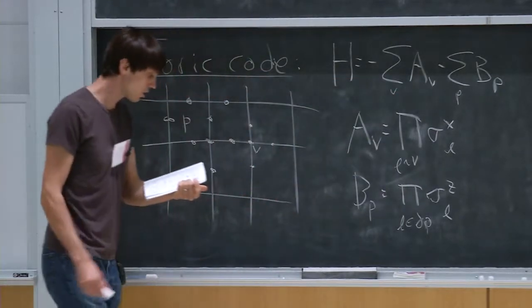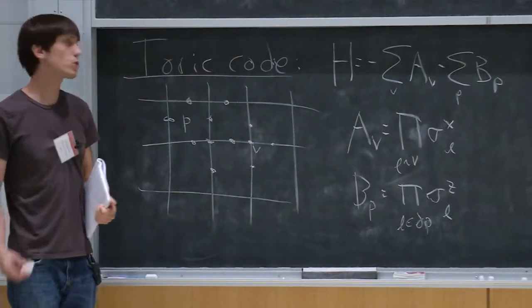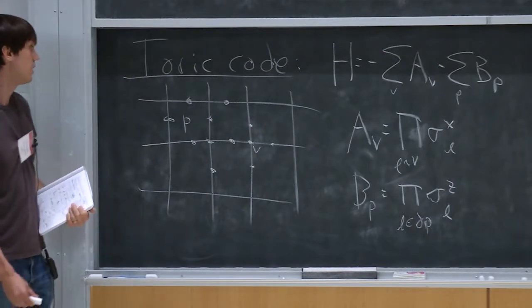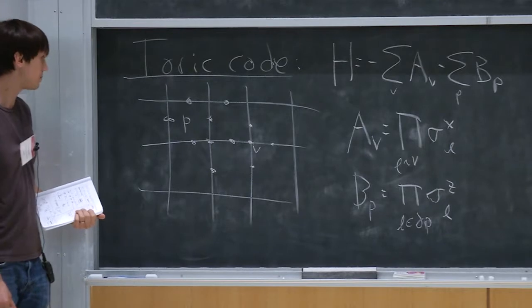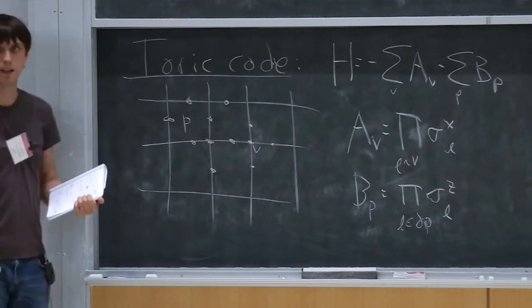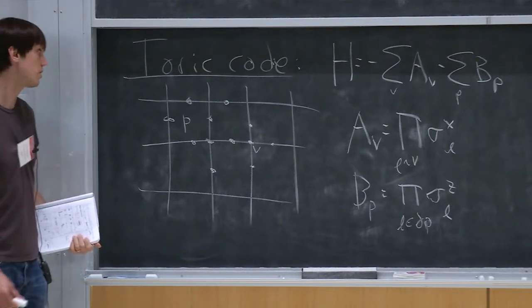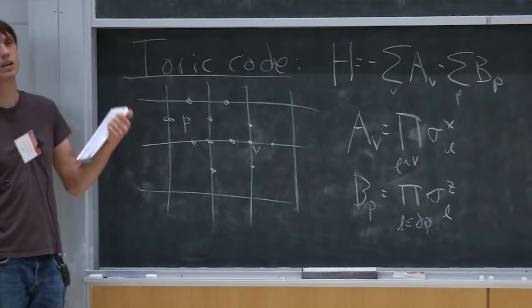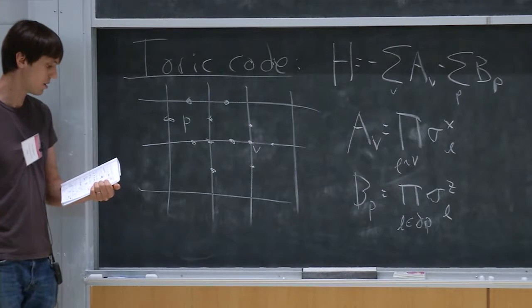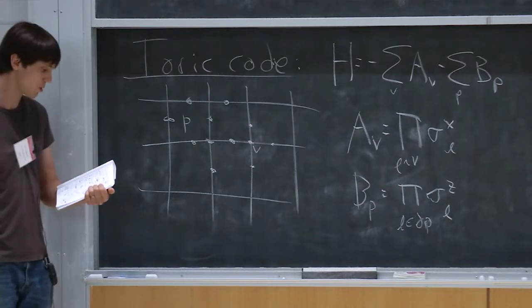So what does that state look like? There's a nice pictorial representation of states in this model. This model really lends itself to visual explanation, even though it's defined on a lattice. You can think about it in some coarse-grained way, as we'll see, in terms of the loop gas.